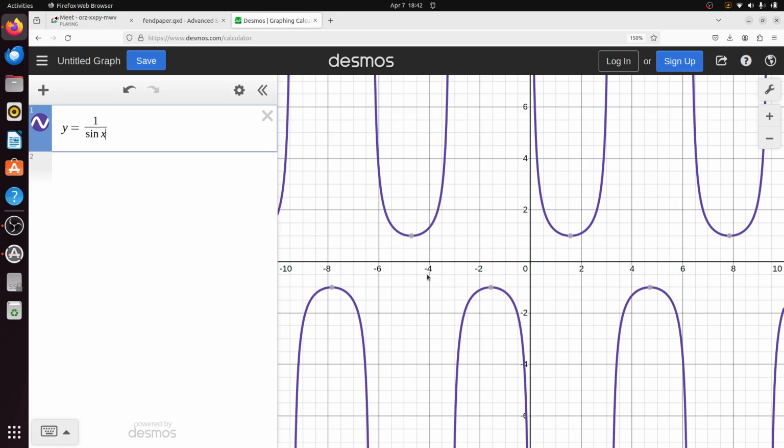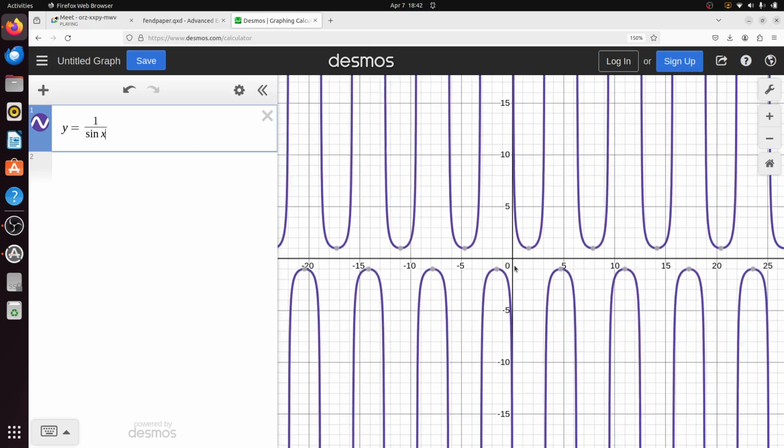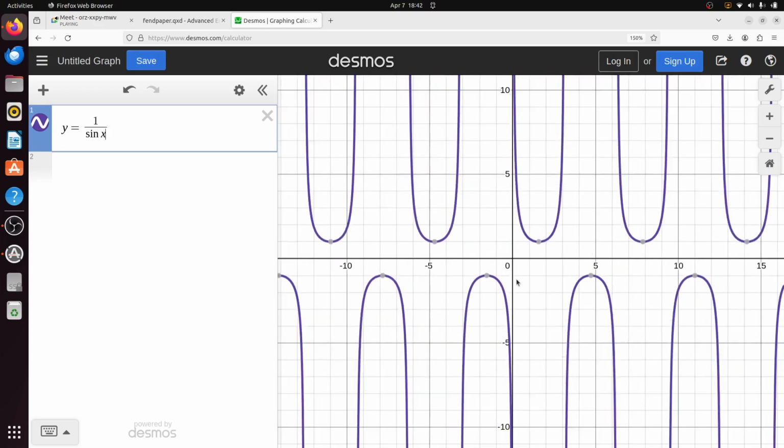You can also check that this cosec x is a periodic function. You just repeatedly copy these two sections and put them consecutively, and you will get this cosec x function, right? Similarly you can plot sec x or cot x, etc.